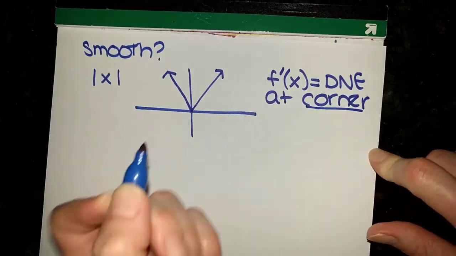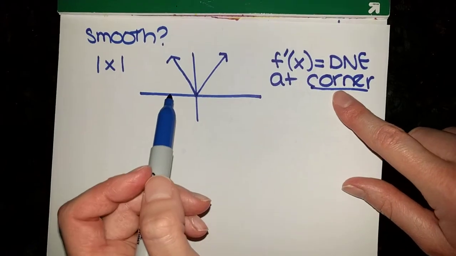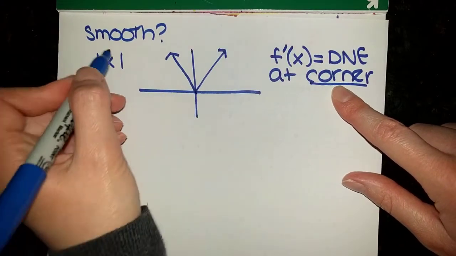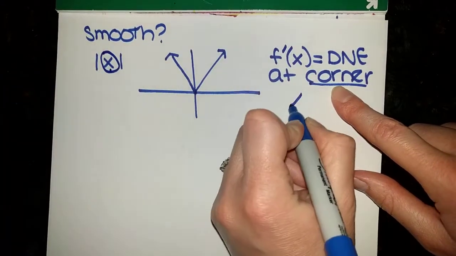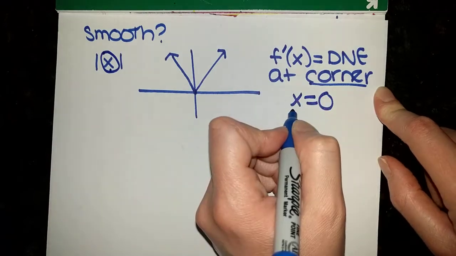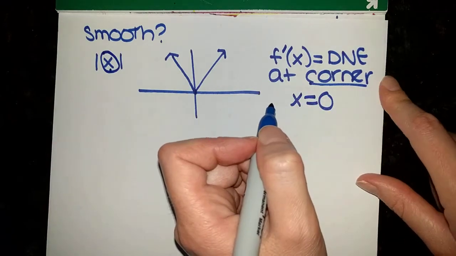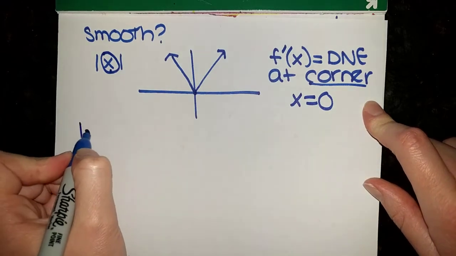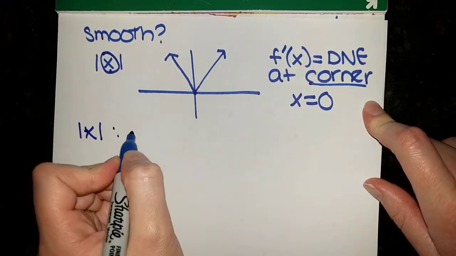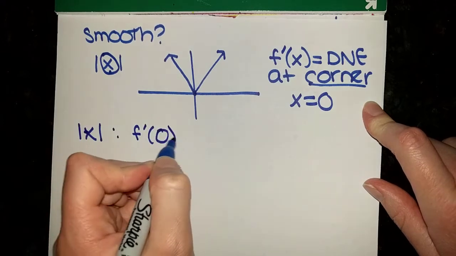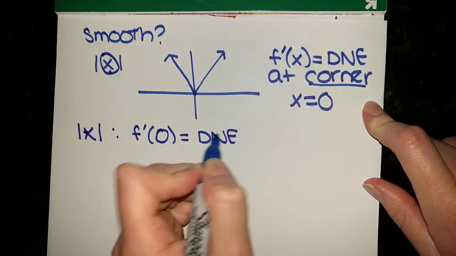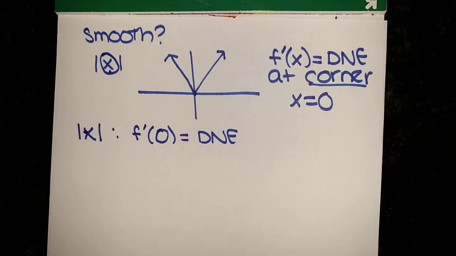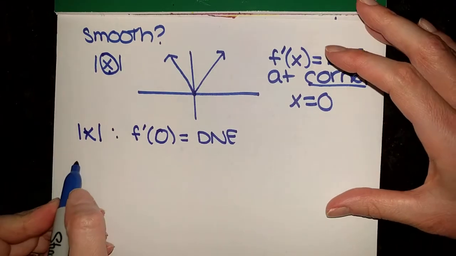Now, more specifically, we would want to know where that corner happens. And that corner happens when this quantity x is equal to 0. So f prime does not exist at the corner, x is equal to 0. If it was just the absolute value of x, we would say that f prime of 0 does not exist. Now, you can generalize this for all different absolute values.